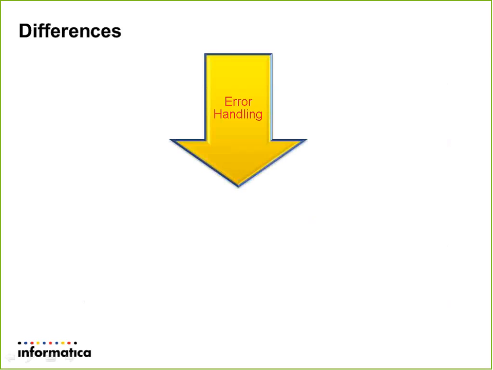Another set of differences that come into picture is during error handling. When the integration service pushes the transformation logic to the database, it cannot track errors that occur in the database. When the integration service runs a session configured for full pushdown optimization, and when an error occurs, the database handles that.